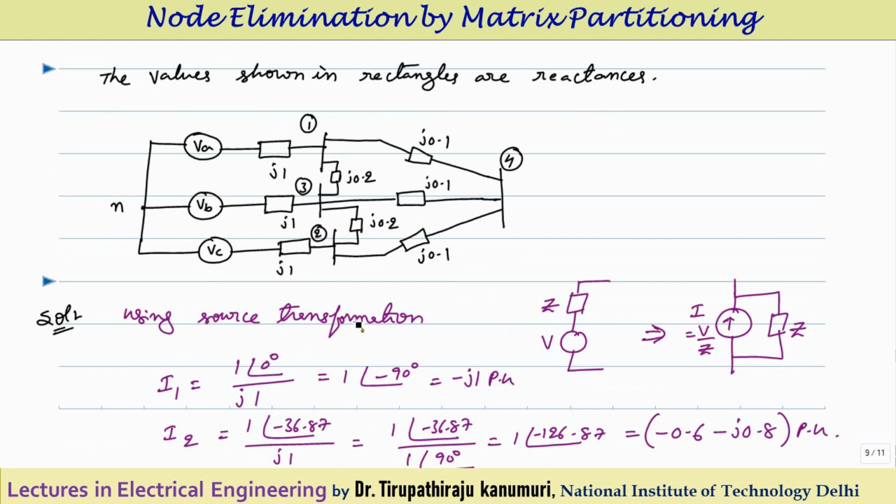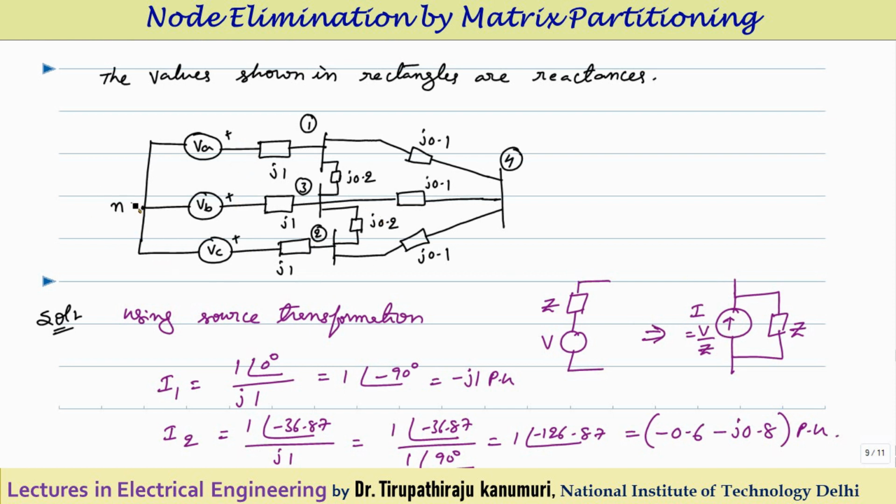So we can apply the source transformation we have studied in basic network theory. A voltage source in series with an impedance can be represented by a current source in parallel with an impedance, where the current magnitude will be equal to V divided by Z. Let us take the polarity as plus, so the current will be directed from minus to plus.